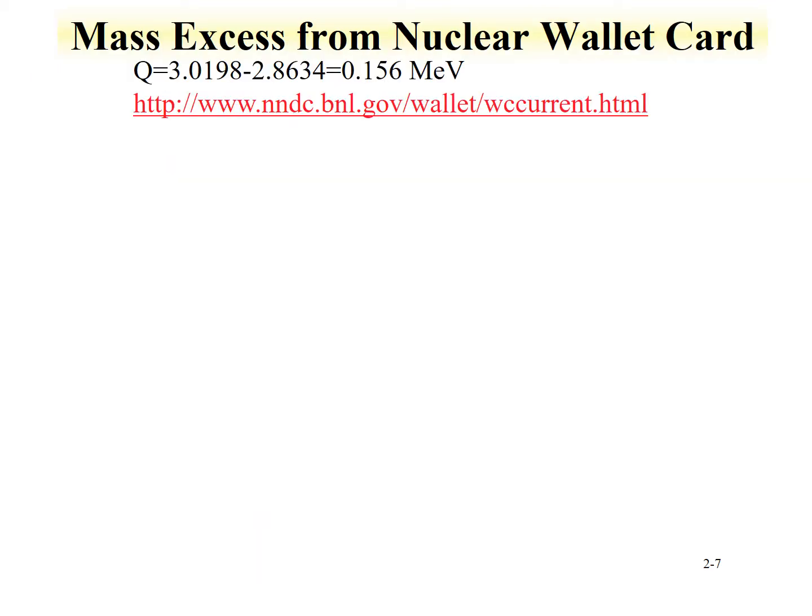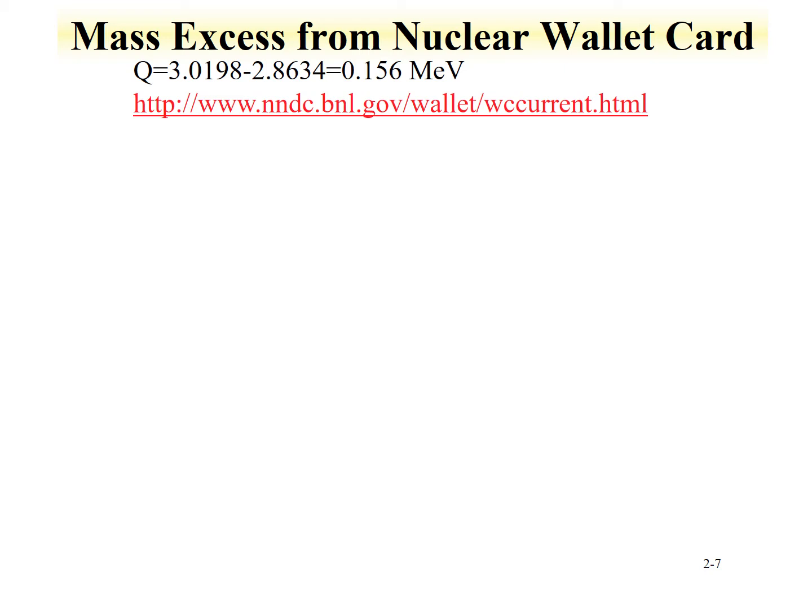On the previous slide, we saw that the Q value for the decay of carbon-14 is 0.156 MeV. I also told you that you could get the mass excess data for the isotopes involved, carbon-14 and nitrogen-14, from the nuclear wallet cards, and the website for the nuclear wallet cards is listed here.